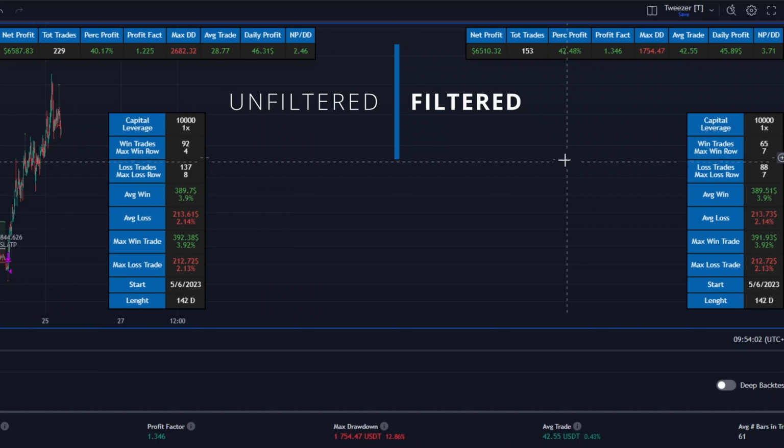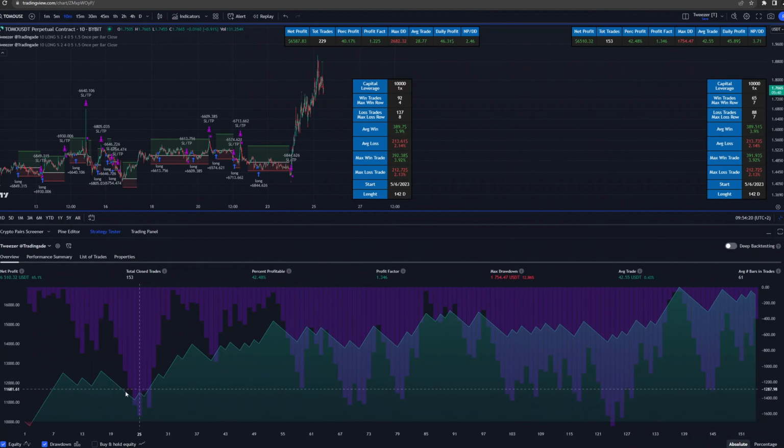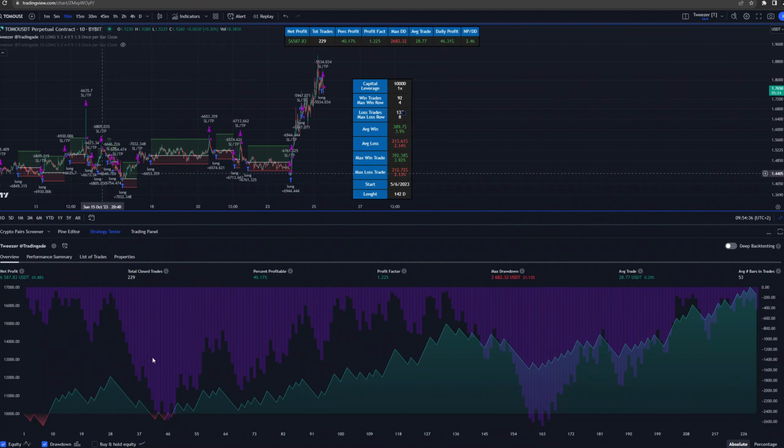From a psychological perspective, it's absolutely better with the filtered situation. Average win, average loss, max win and max loss are pretty much the same because we have the same risk management applied. Looking at the equity shape, we avoid the drawdown that we had with the non-filtered backtest.